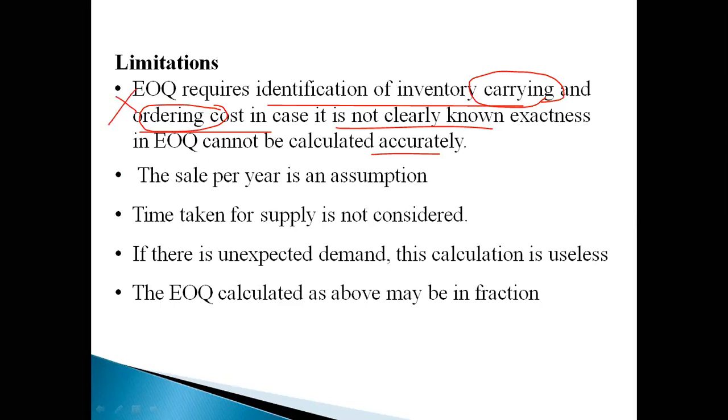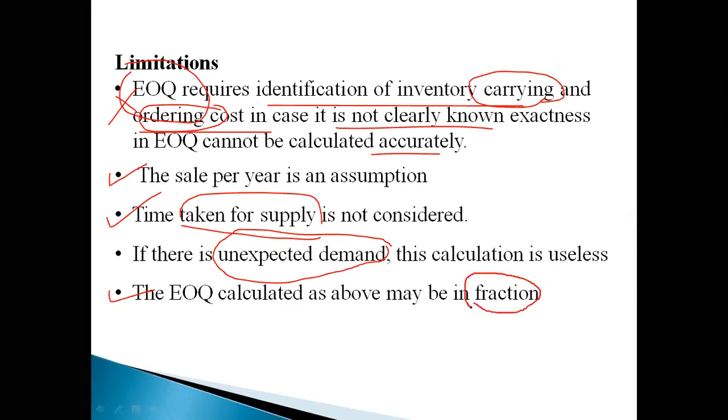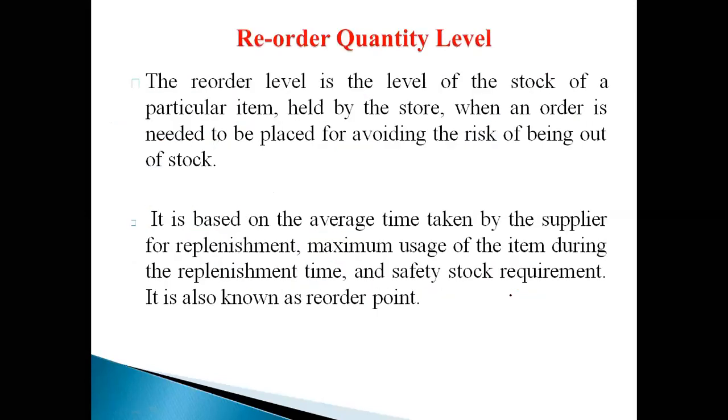The sales per year is an assumption in this technique. Time taken for supply is not considered in this calculation. Unexpected demands are not included in the calculations. And another limitation of EOQ is that the calculations may come out in fractions. These are the limitations related to the economic order quantity.